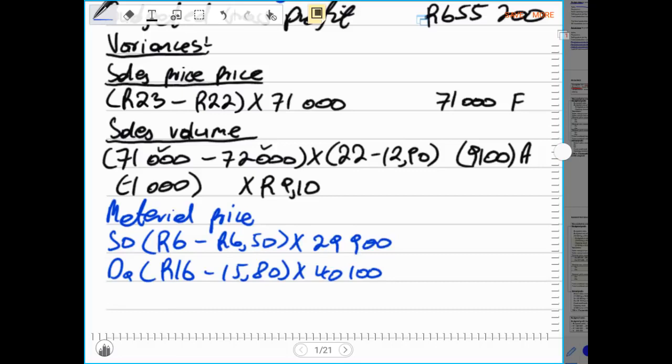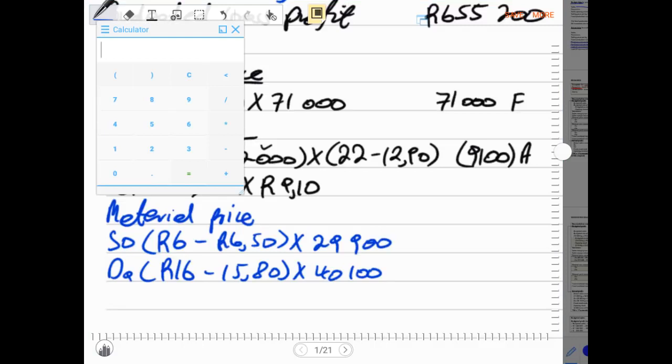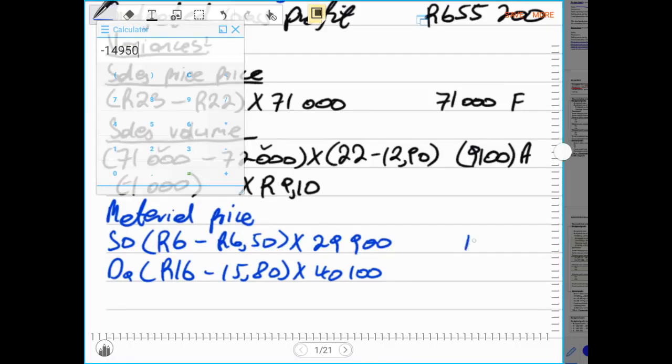Now we will be dealing with the variance of the material in terms of price. That will be 6 minus 6.50, which is 50 cents, times 29,900. This gives us an unfavorable variance of 14,950.